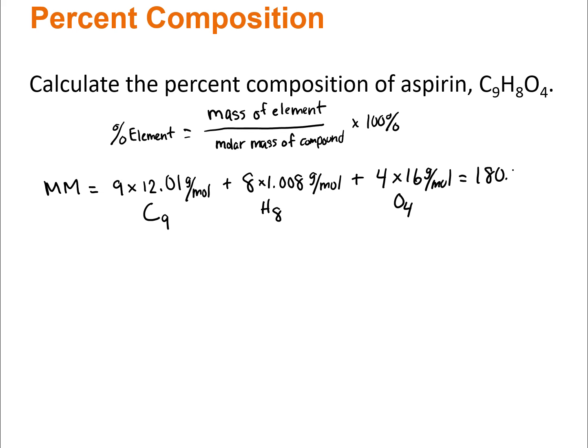So you should have something in the ballpark of 180 grams per mole for your molar mass.